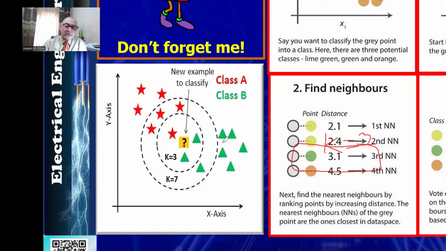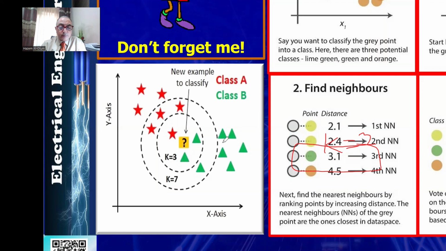Now, when we have k equals 3, the vote will mainly make this sample belong to class B. While when we take k equals 7, we have 3 samples here and 4 samples here, so the vote will make the sample belong to class A. So what does that mean? We need to modify and change our k value in order to get the best results and the output that is required.